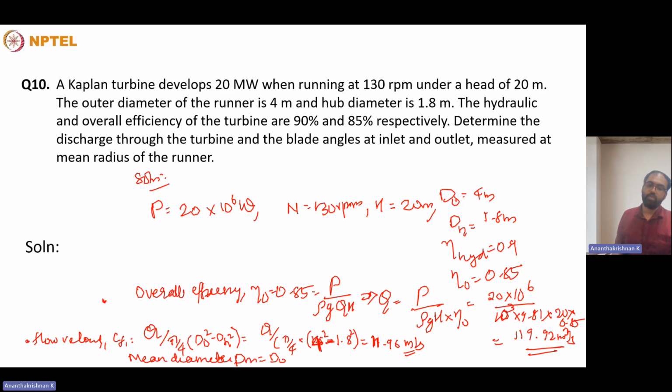The mean diameter dm is equal to D outer plus D hub divided by 2. That is 2.9 meters.